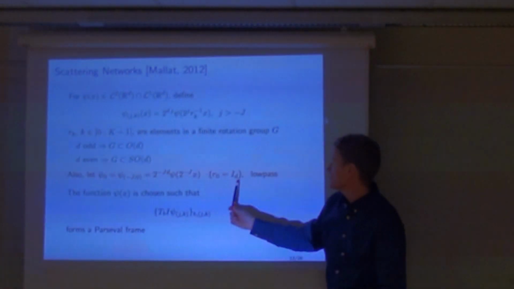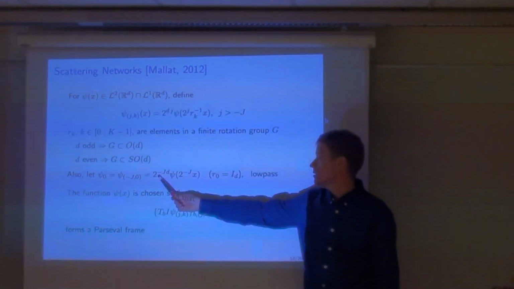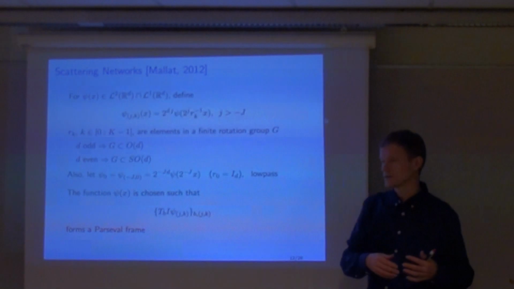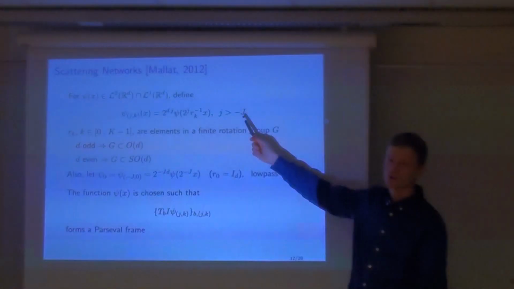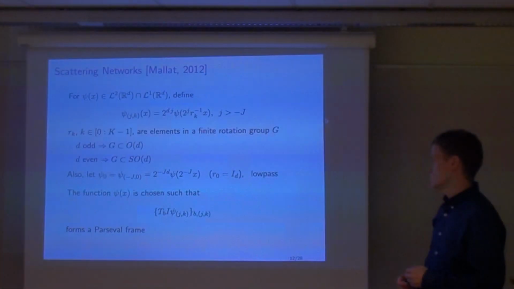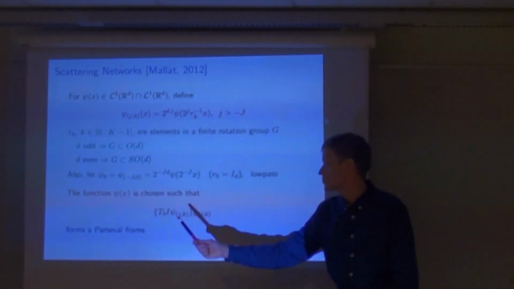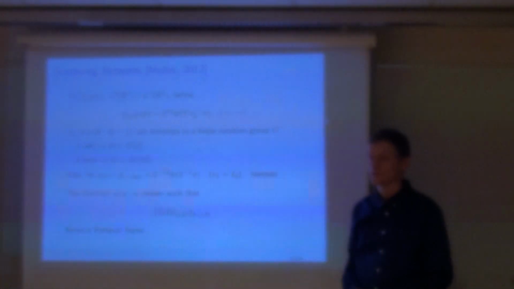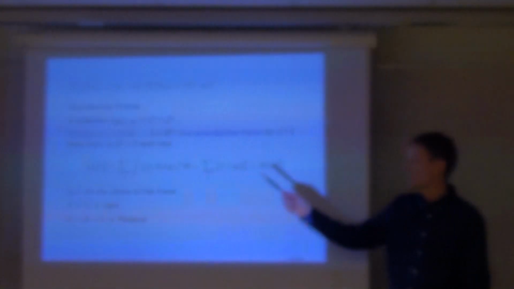That special case is that you don't rotate, but you still scale. It's not a special case, it's an exception. As an exception, for j equal minus big J, you don't rotate, but you still scale. And then you cannot choose any function psi. You need to choose it such that this forms a semi-discrete frame in general, and in particular a Parseval frame. And Parseval, remember, was when you preserve all the energy in the function.